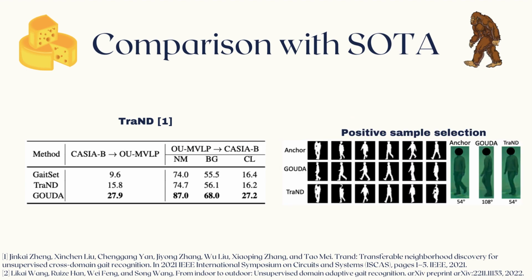The results are explained by the robustness of GOUDA to different views compared to TRANDI. TRANDI usually selects positive samples with the exact same view as the anchors, as it brings adjacent samples closer. Contrary to that, GOUDA selects positives with different views by definition.